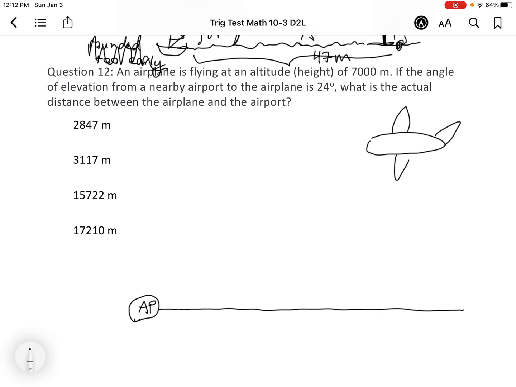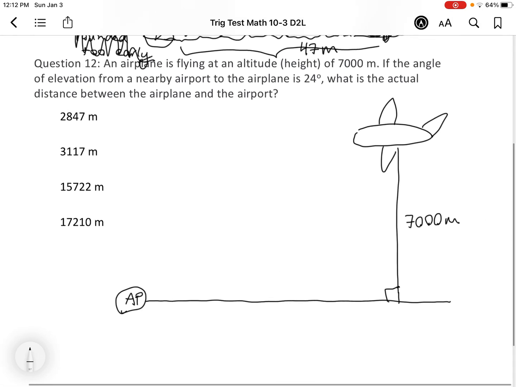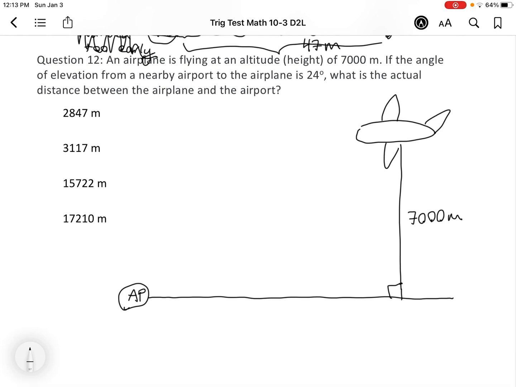Well, the airplane is at an altitude, a height of 7,000 meters. Also, this makes a right angle. How convenient. The angle of elevation from the airport up to the airplane, looking up between the airport's line of sight and the horizontal, is 24 degrees.